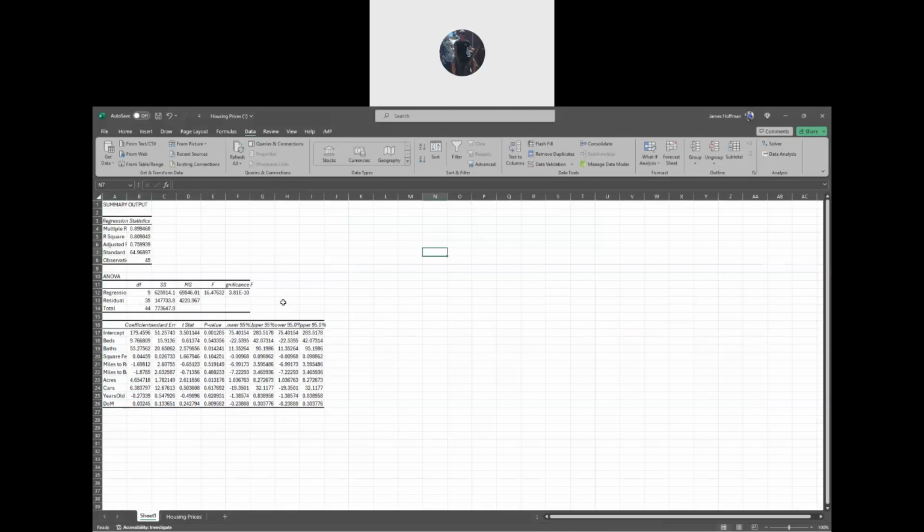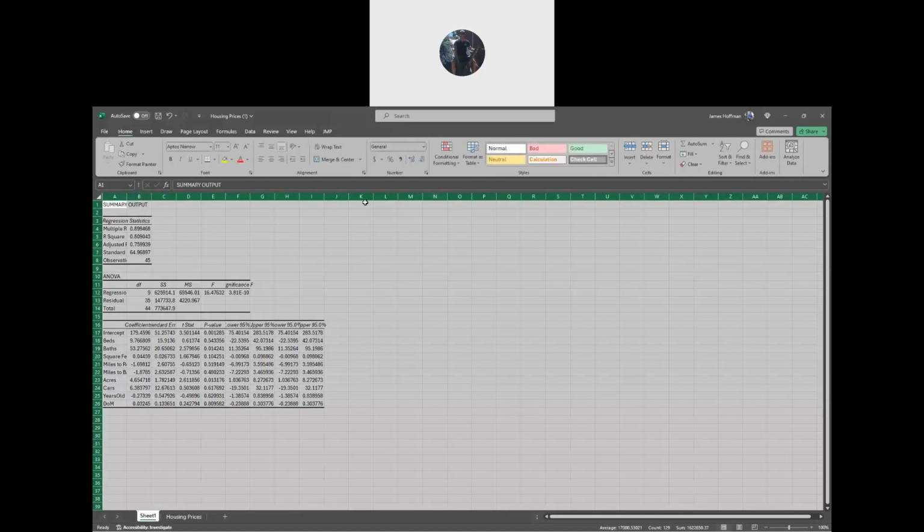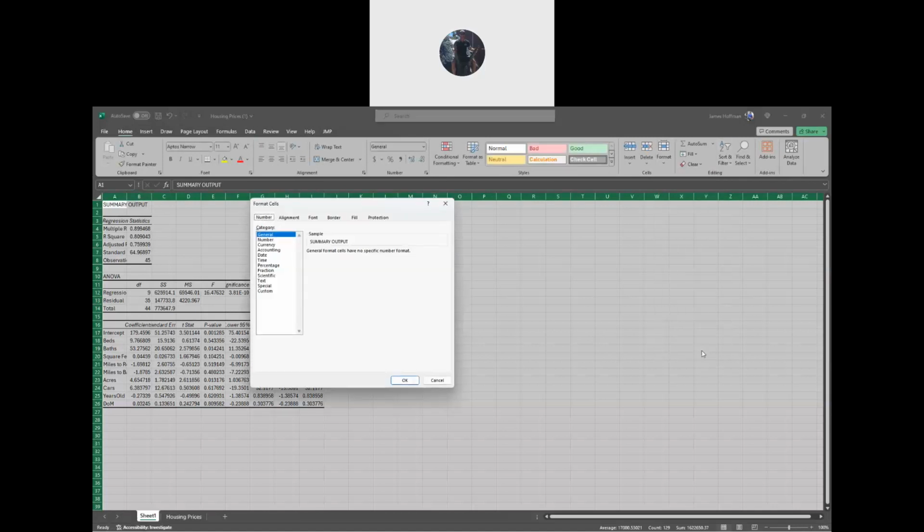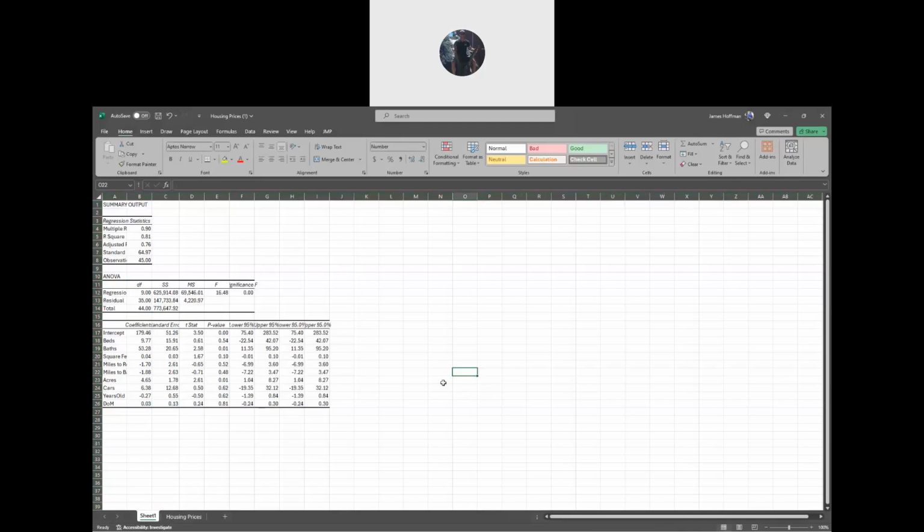and we get a bunch of different things to look at. So why don't I just simplify the numbers. Home tab, format cells, number, two decimals with the comma. Okay, and this is not required, but it makes it easier for me to see it.